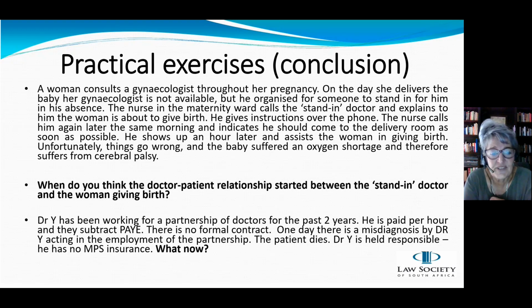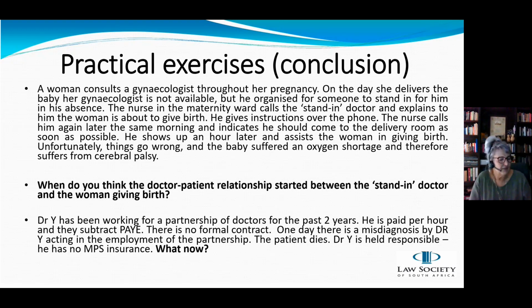Dr. Y can, of course, say that he is an employee of the partnership. And because he's an employee, then vicarious liability applies: the employer becomes responsible for the actions of the employee. Therefore, the partnership should be sued. Dr. Y will argue that he was an employee and therefore his employer, the partnership, should be sued.